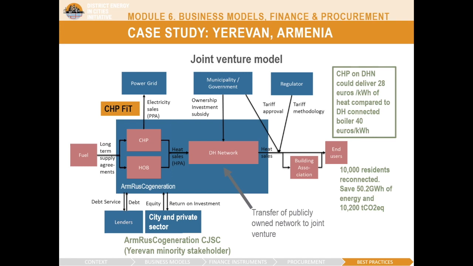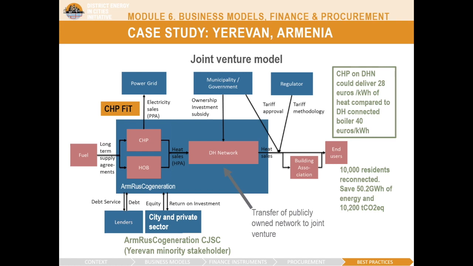The majority shares of this company are owned by foreign investors, and the municipality has a smaller stake. The electricity generated from the CHP plant is sold on the electricity grid and is another revenue stream. The main heat produced is sold over the heat network to the end users via building associations composed of 10,000 residents. The network is owned by the municipality.